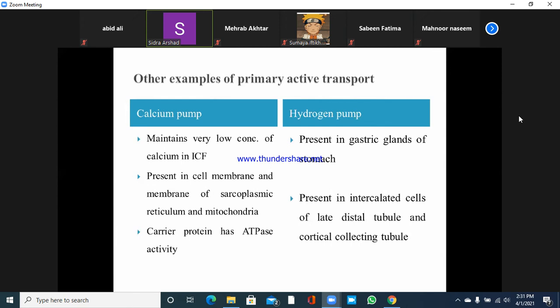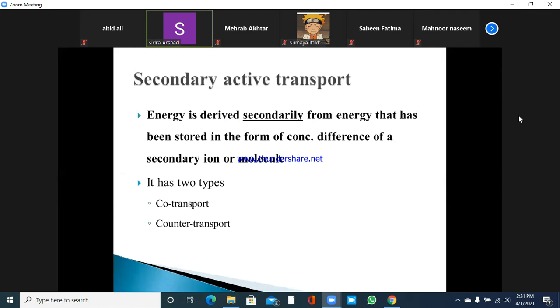So this is it. And now moving on to secondary active transport. It is basically the type of active transport in which the energy utilized for the transport of a substance is derived secondarily from the energy that has been stored in the form of a concentration difference of some other ion.